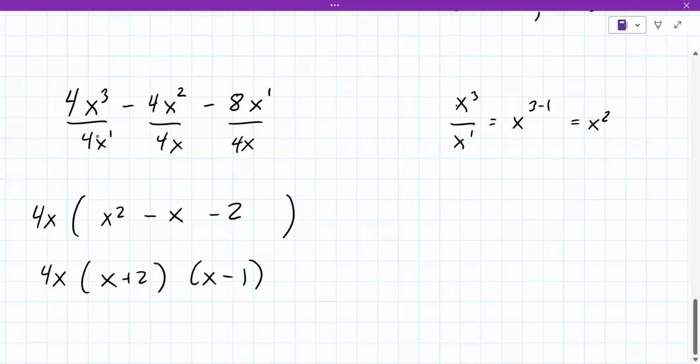Good. All right, so let's have you try one here on your own. Let me find one here. 3v cubed minus 21v squared plus 30v.